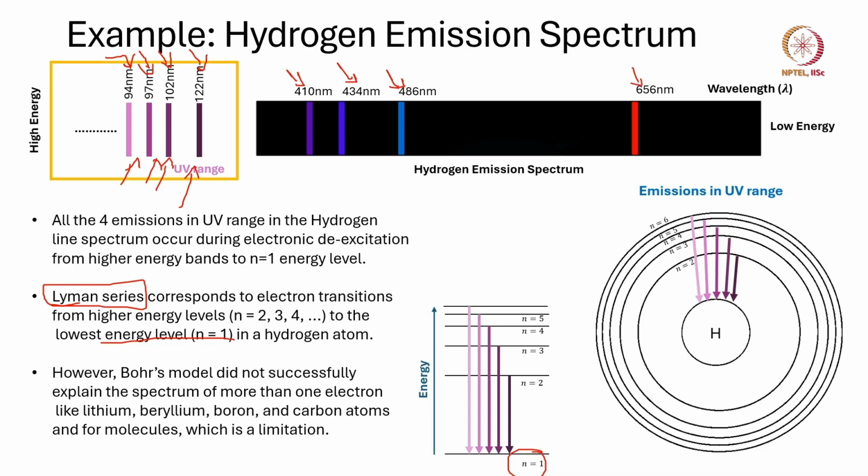However, it is only possible because hydrogen has only one electron and it is a simple system. Bohr's model couldn't successfully explain the spectrum in substances with more than one electron, like lithium, beryllium, boron or carbon, or even for molecules, which is a limitation.